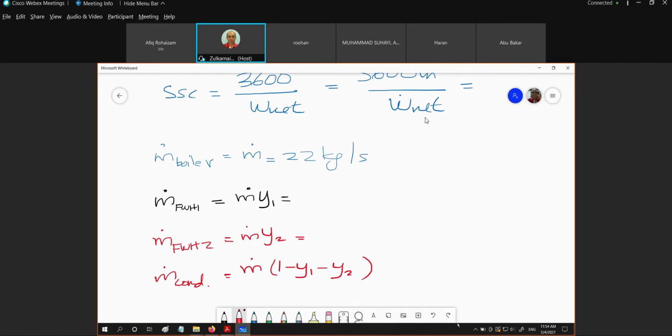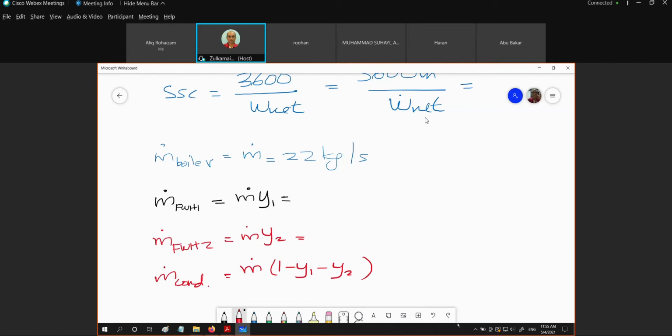So this is the possibility that we will be asked to get the individual component mass flow rate. We might be asking for the mass flow of the boiler, which is equal to the total mass flowing through the cycle.